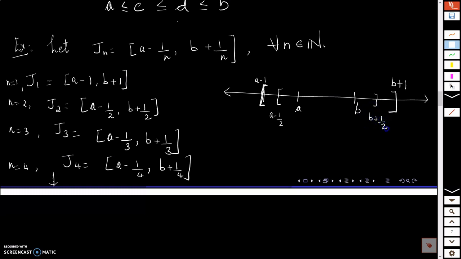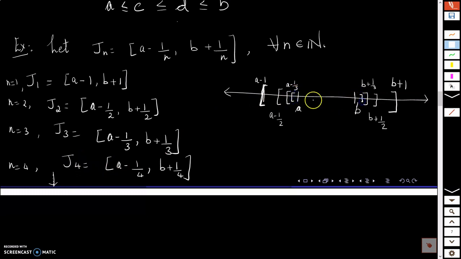Similarly, if I try to plot J3, that is A minus 1 by 3, that will be still closer to A, and here I will have B plus 1 by 3. Now if I try to plot J4, that will be still closer.